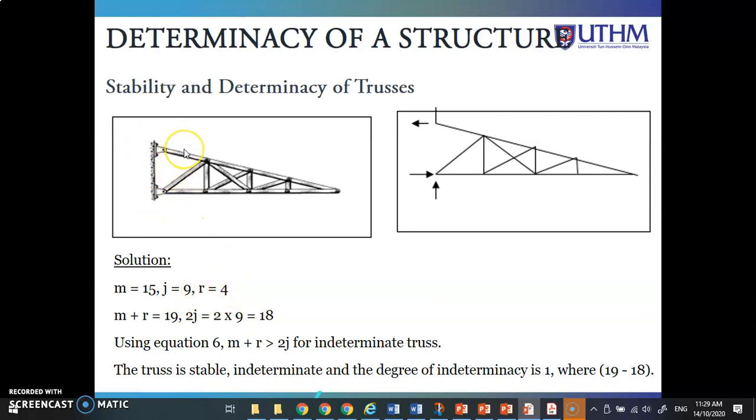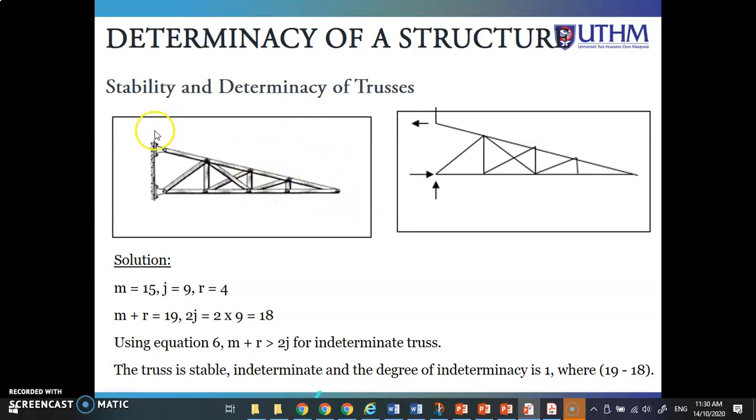So kita kira pula number of members dia berapa? 1, 2, 3, 4, 5, 6, 7, 8, 9, 10, 11, 12, 13, 14, 15. So M adalah 15. Then we need to calculate number of joint. 1, 2, 3, 4, 5, 6, 7, 8, 9.